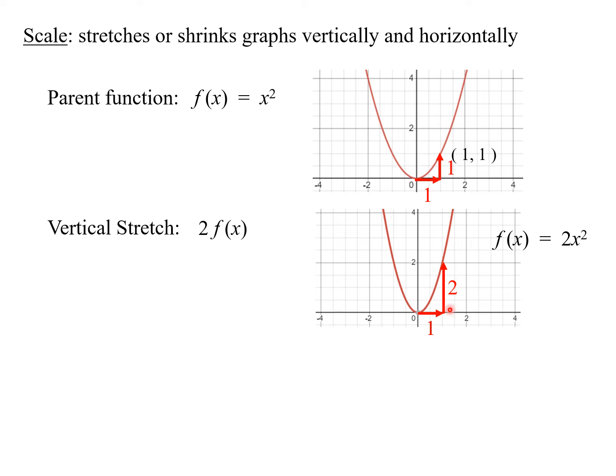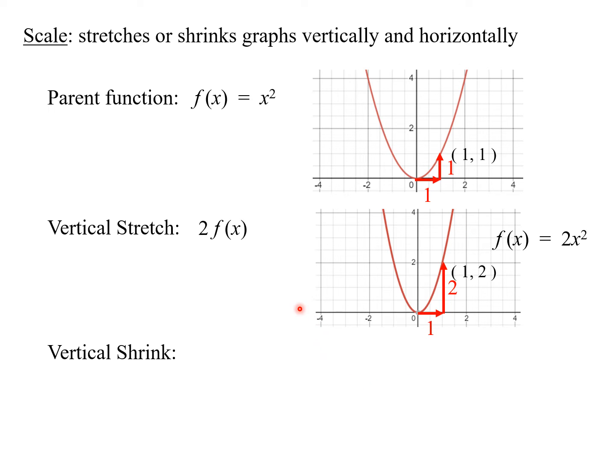We're stretching that thing vertically. If x is equal to 1, 1 squared is 1 times 2 is 2. So it takes it up to 1, 2. If I went over 2, for the parent function it would be over 2 up 4. Here it's going to be over 2 and up 8, which is off screen. So it's stretching it vertically.